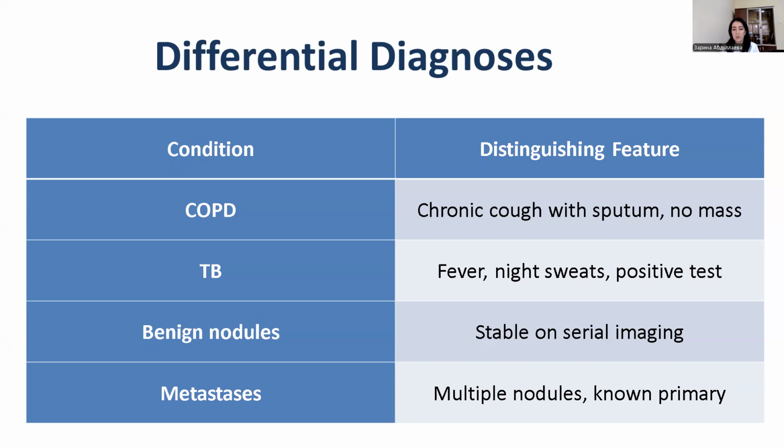In tuberculosis, there will be fever, mainly subfebrile fever around 37 degrees Celsius. More characteristic are night sweats and positive tuberculin tests. Benign nodules are stable on serial imaging. And metastasis shows multiple nodules with a known primary.